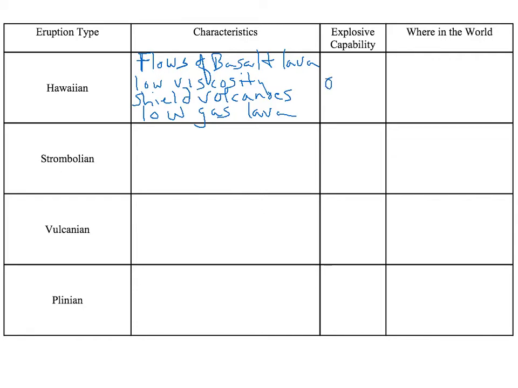Explosive capability is from 0 to 1, and this is on the VEI scale. Where in the world it's going to be: Kilauea. That's kind of the model volcano for these Hawaiian eruptions, although you find Hawaiian eruptions all around the world.